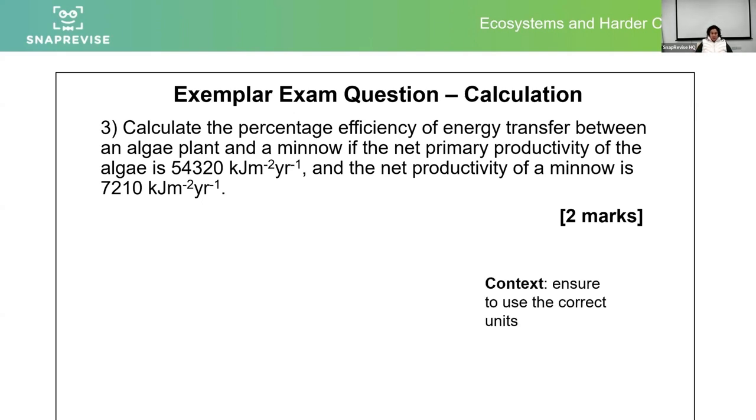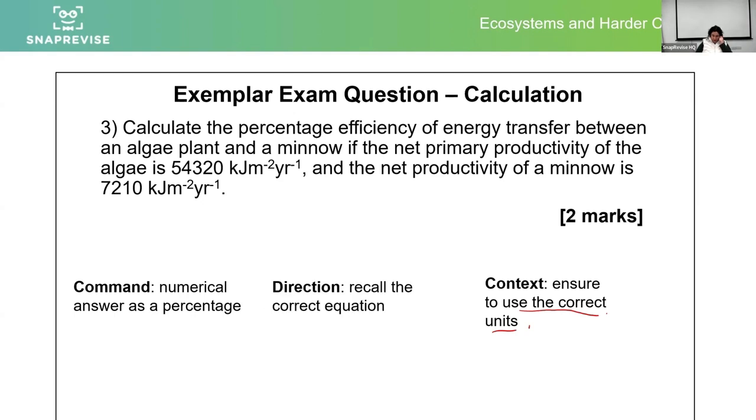So let's break down this question again. The context here is that I'm making calculations about net primary productivity. However, it's also equally crucial that I use the correct units. My command is calculate, so just a numerical answer as a percentage.